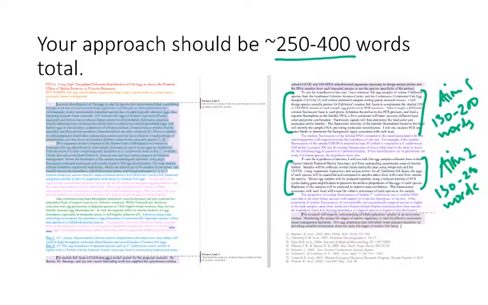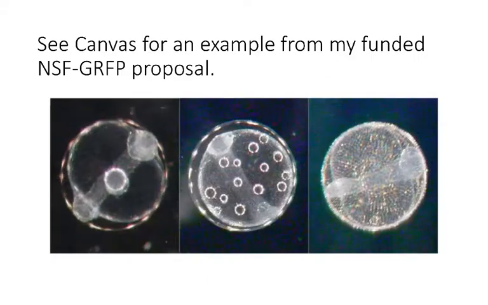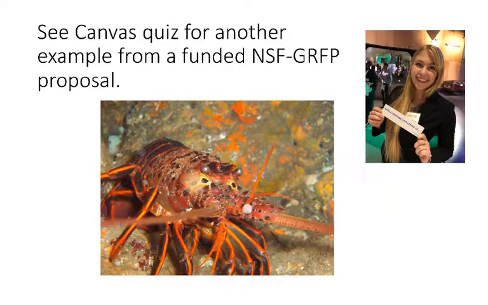All right. That example I just showed on the previous slide, which you couldn't read because it's way too small, I do have posted on Canvas so you can see a full example from my proposal focusing on fish eggs, which is the image shown here. I also have another example for us, and I've created a Canvas quiz where I'll give you the approach section for another funded GRFP proposal.